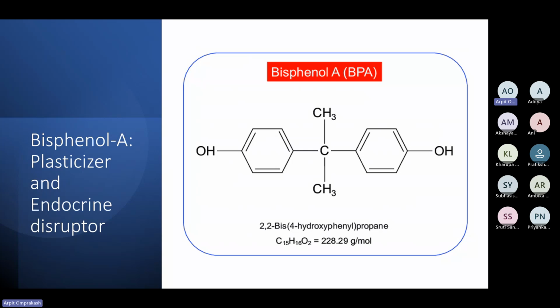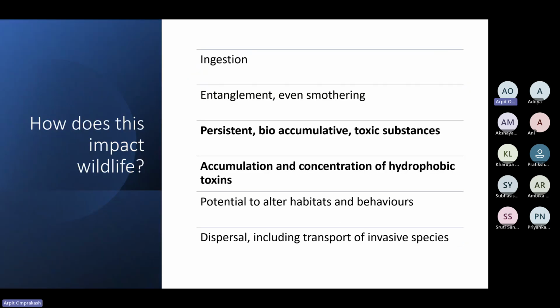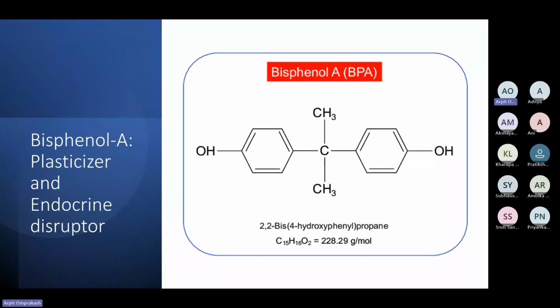However, this compound is also an endocrine disruptor. It basically mimics the sex hormones in different organisms and can lead to a lot of changes manifesting in the organism when ingested. Right. So these are toxic. This is one of the toxic substances present in plastic. It is also known as BPA, bisphenol A.